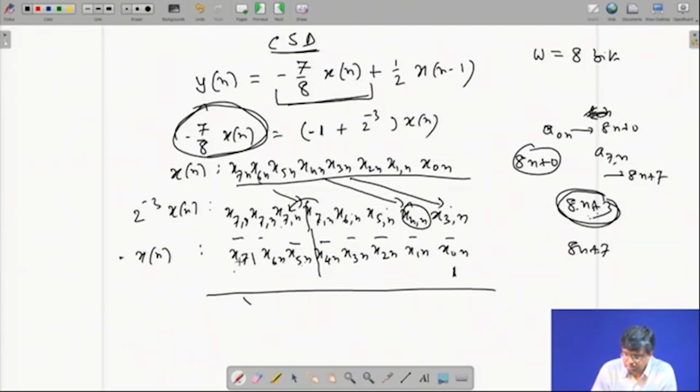So this will come at 8n plus 3, then 8n plus 4, like that, through that adder output. With that now I have to add half xn minus 1.